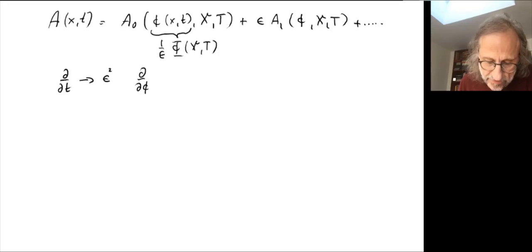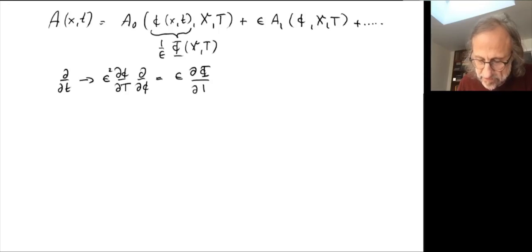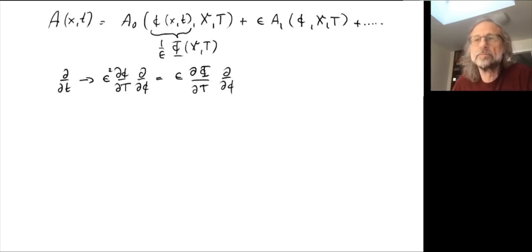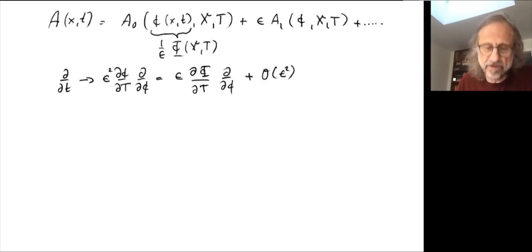We're writing this in terms of a capital phase, and so we have epsilon d capital Phi dt times d by d phi. Of course, there's also the explicit time dependence here, which is order epsilon squared. It turns out we don't need order epsilon squared eventually, so I'm just going to write down here plus order epsilon squared.